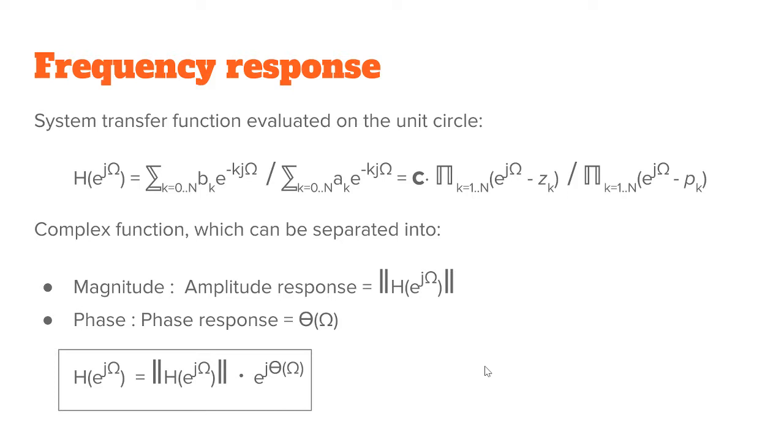So e to j omega is simply a point on the unit circle of the z-plane, and that omega angle is simply 2 times pi times the real frequency divided by the sampling rate.